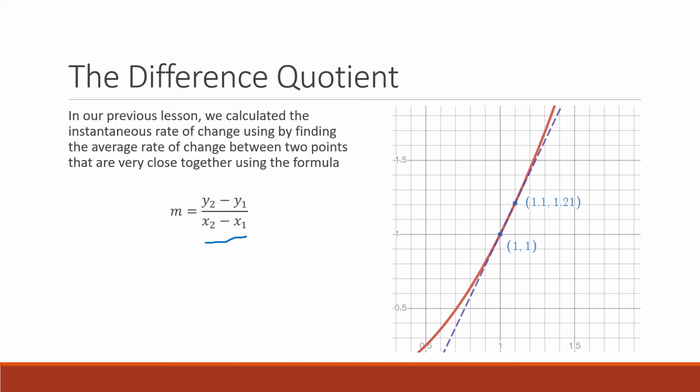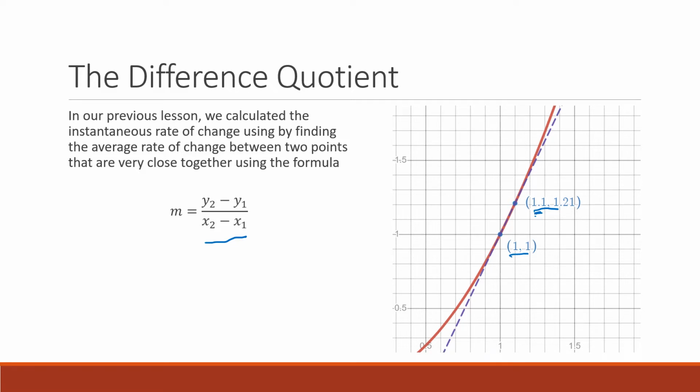To find our instantaneous rate of change, we want our 2 points to be very close together. So for our example here, if we want to find the instantaneous gradient at x equals 1, we needed to get a point that was pretty close to x equals 1, and then find the average rate of change between those two.